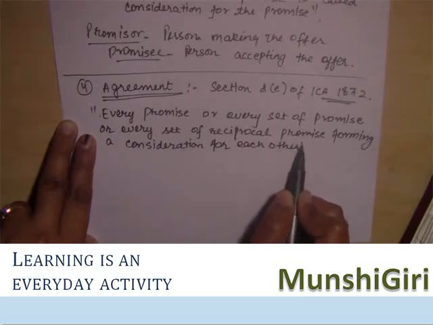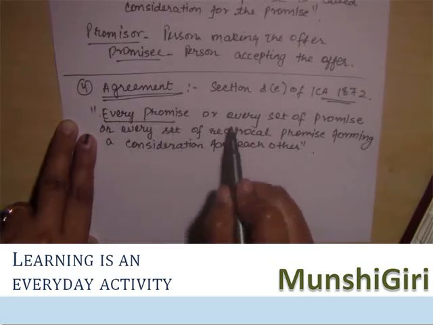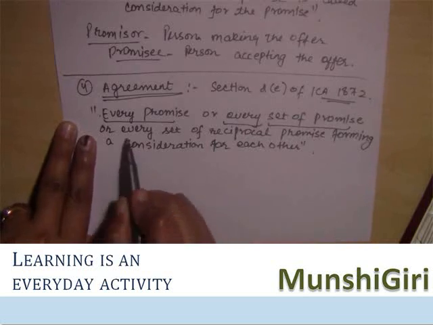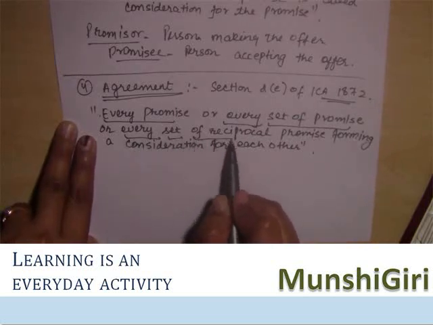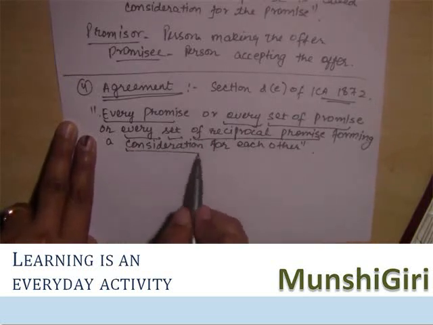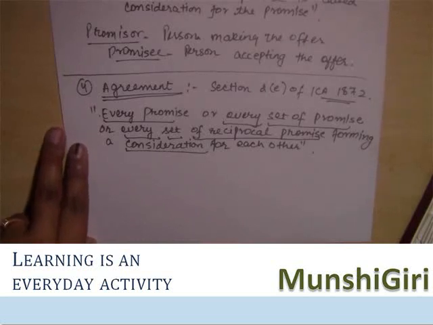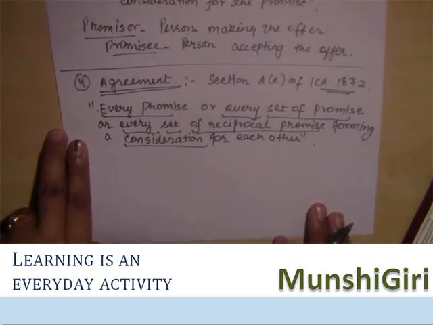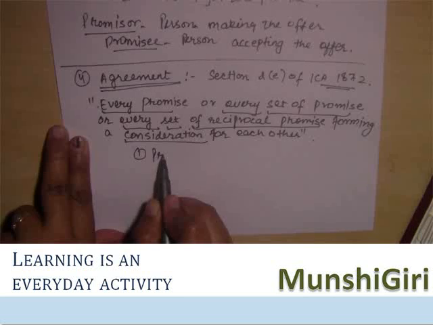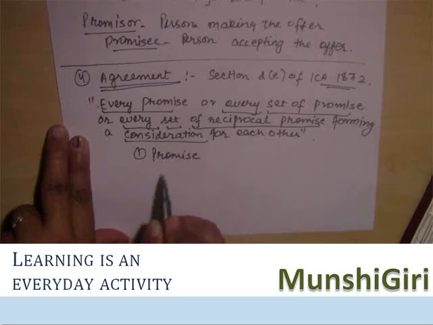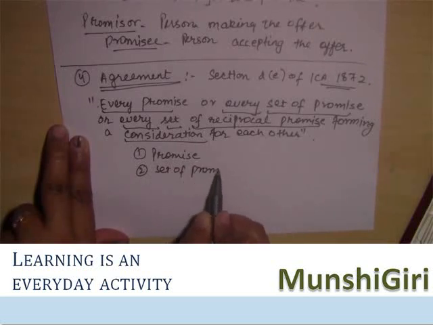Let's read the definition. Every promise or every set of promise or every set of reciprocal promise forming a consideration for each other. So basically we have come across certain terms here. First is the promise. Second is set of promise. Third is reciprocal promise.